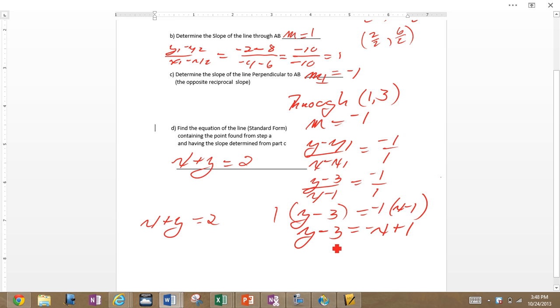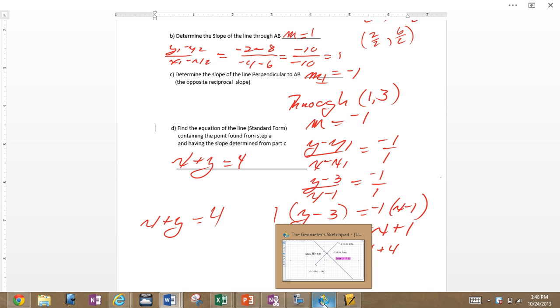If I want the slope-intercept form, which Sketchpad is going to give me, it would simply be y equals -x plus 4. Obviously, I was wrong up here. I added incorrectly; when I added 3 to both sides, it should be 4. So let's see if that's exactly what Sketchpad gives us.